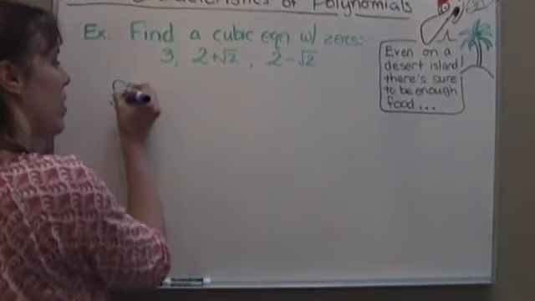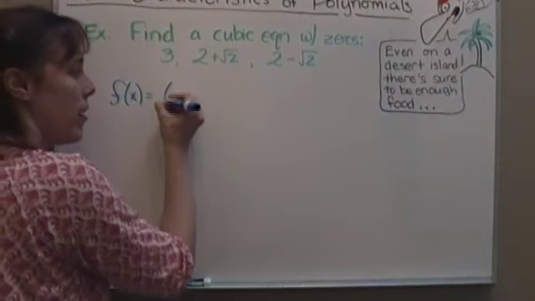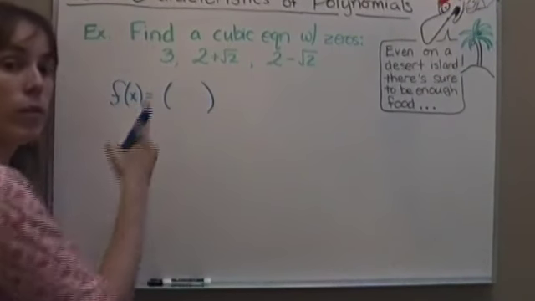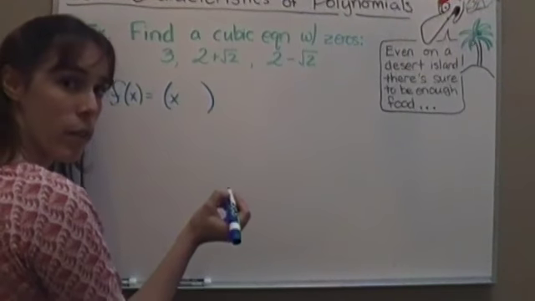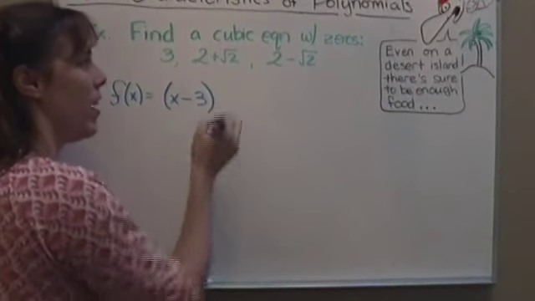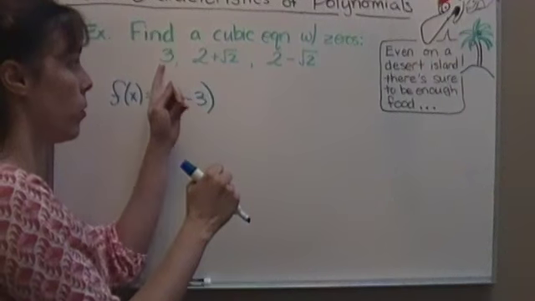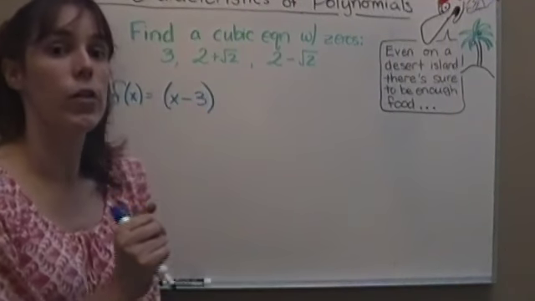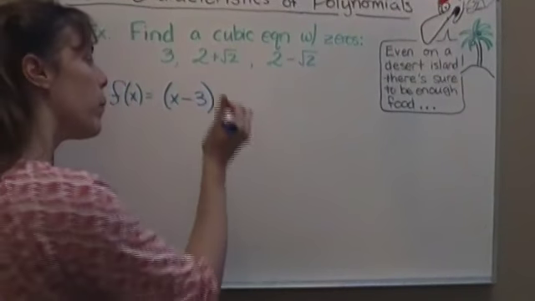F of x is equal to, okay, for 3 to be a root, I have to have x plus 3 or x minus 3. I think you said x minus 3, so that's good. I want it to be cubic, so we already know 3 roots, so they all have to be multiplicity 1. So at least I don't have to square anything.